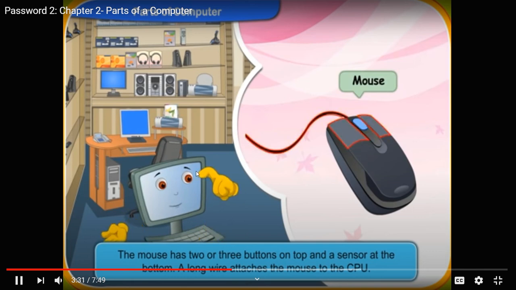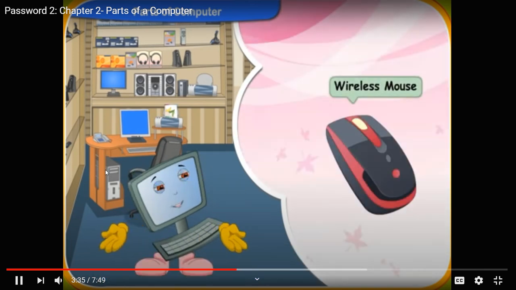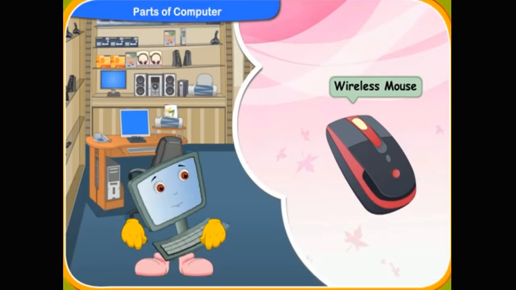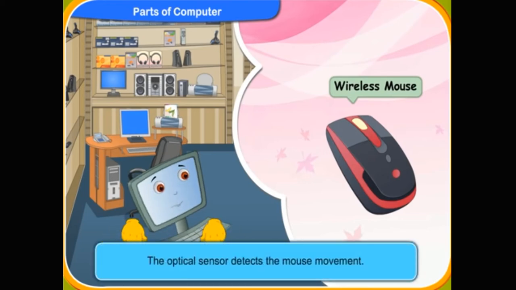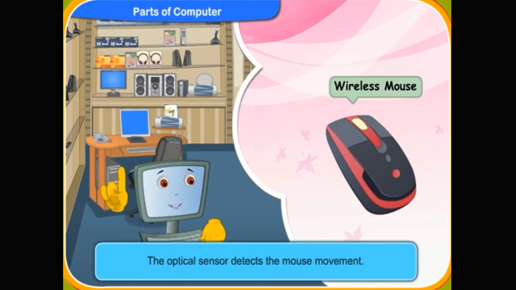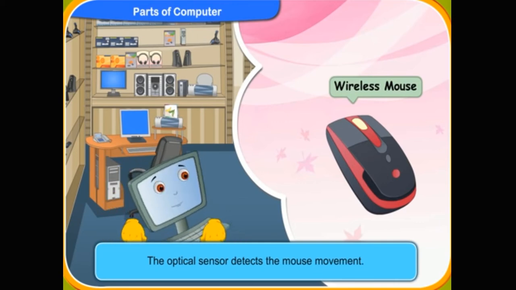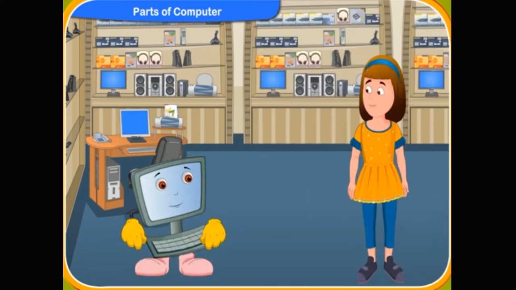A long wire attaches the mouse to the CPU. Nowadays, wireless mouse is also available. Why is there a light under the mouse, Kiko? That is the optical sensor, Rennie. It detects the mouse movement. Earlier, there used to be a ball inside the mouse instead of an optical sensor.